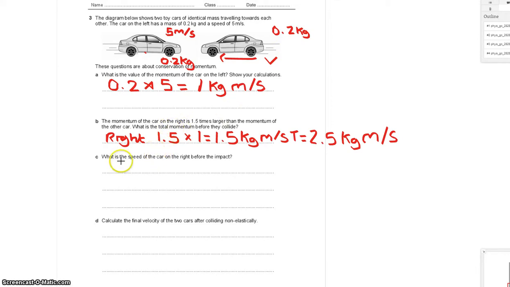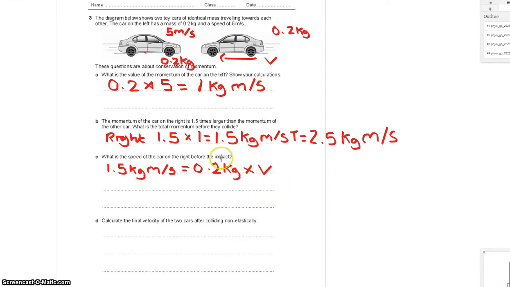So I know that the momentum on the right is 1.5 kilogram meters per second, and that's equal to its mass, 0.2 kilograms, times its velocity, which is this way. I'll just call it v.